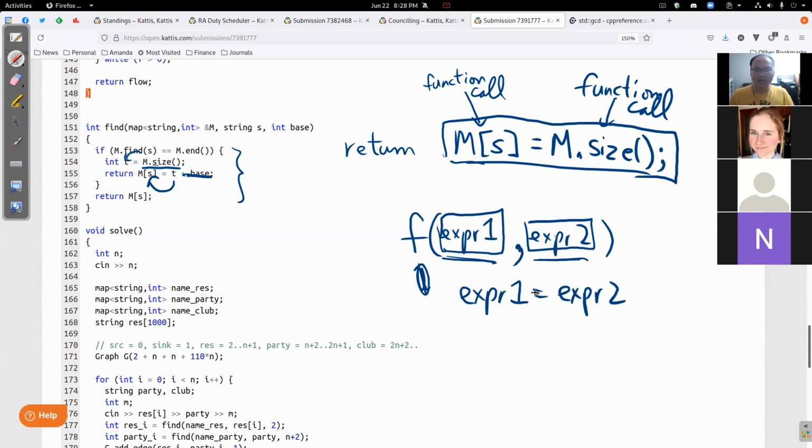You can think of an assignment as a function with two parameters. If you execute this function call first, then assign to it, then execute this one, everything is fine because you haven't increased the size of this map first. But if you do it the other way around, you're toast.